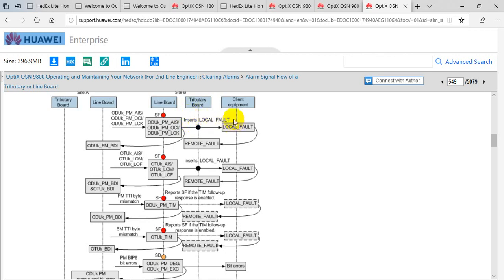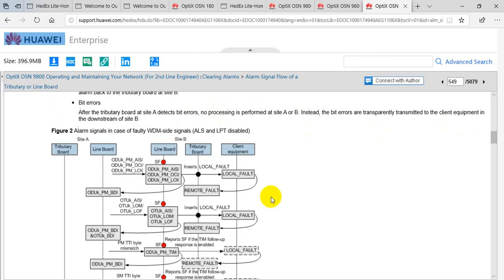In this case, the downstream client will trigger a local fault, and the action for local fault is the same. So it will send the remote fault back, and that would be triggered at site B tributary board.